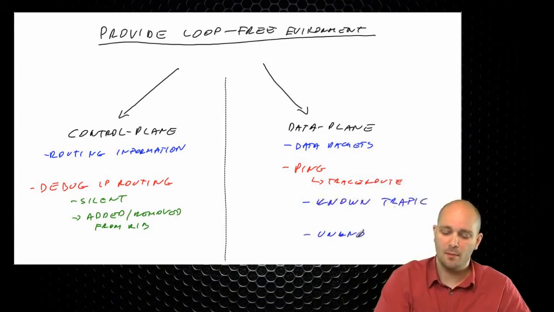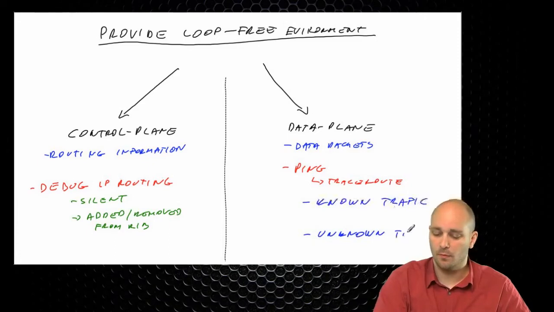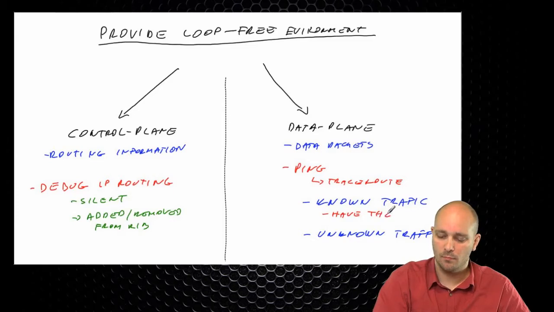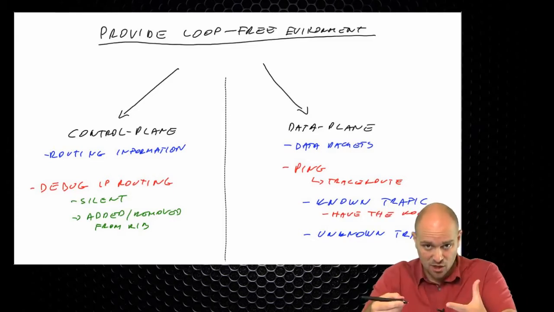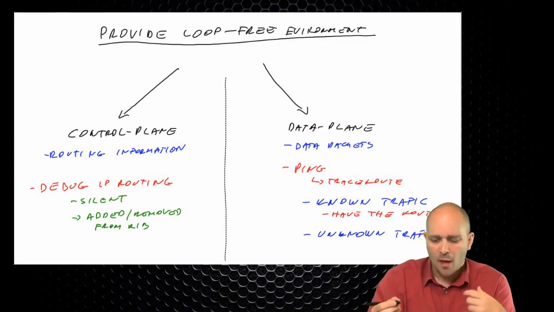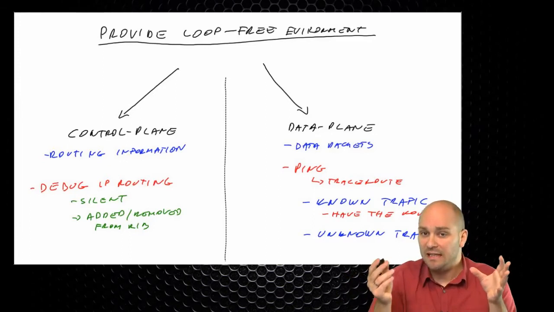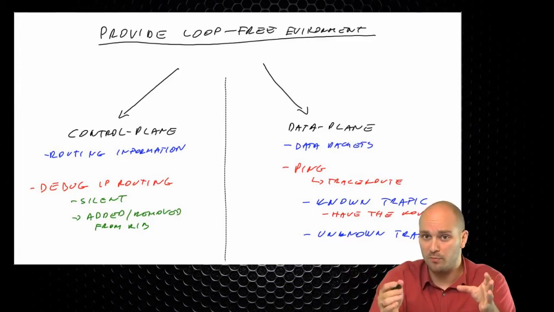Now, what do I mean by that? The known traffic is the traffic for which you have the routes. So if the traffic for the routes that you actually have in the network is looping, you have a problem. But what about the traffic for which you don't have routes? Remember, the default route can cause problems for that traffic.